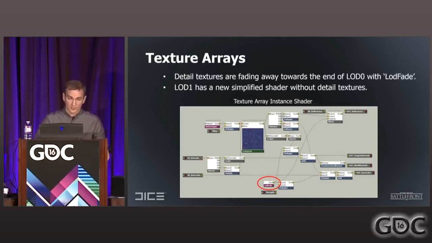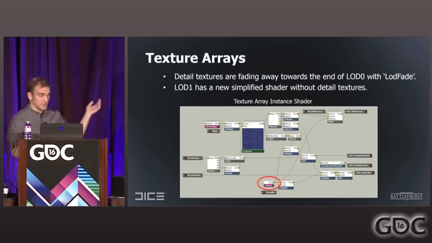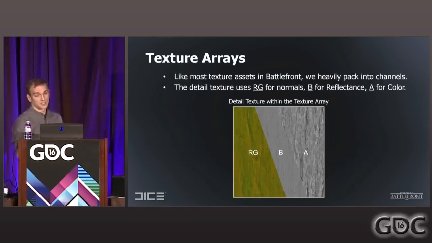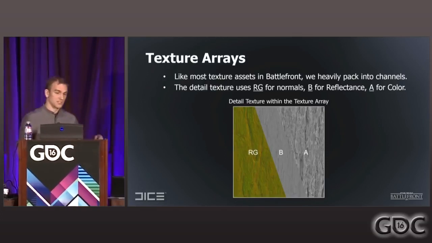This also afforded us an opportunity for an optimization where we would fade the detail at a pretty quick distance, and then from LOD 0 to LOD 1, we could switch to a more efficient shader on LOD 1, so a nice performance gain for us. And the texture array of 5 textures wasn't limited to just the 5 textures because we pack different information into the channels.